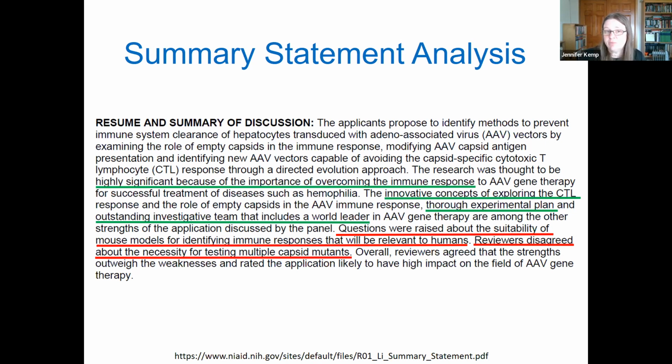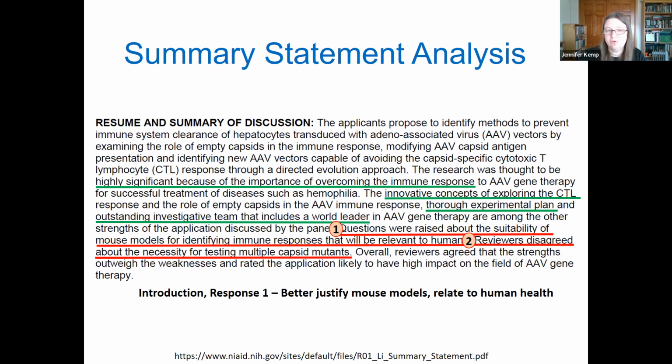So one possible approach, and my advice would actually be to, in the one-page introduction, when you write it, you can lead off with these 2 points. So your first response in your one-page introduction would be to better justify the mouse models, because the reviewers had raised questions about this, and then relate them to human health. Or perhaps if there is a different mouse model that you can use that may be considered more related to human health, you could consider switching to that mouse model.